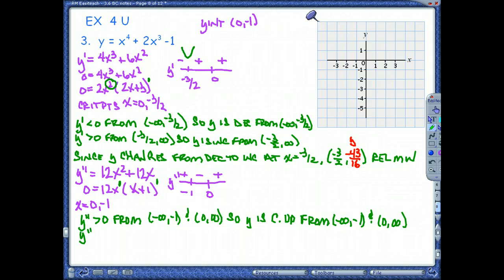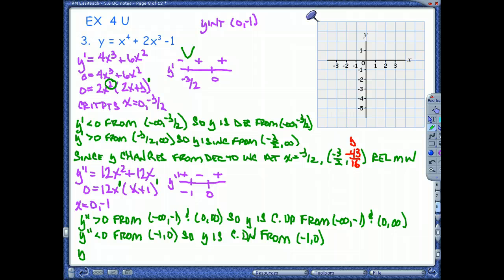Okay, my second derivative is less than 0 from negative 1 to 0, so y is concave down on that same interval.